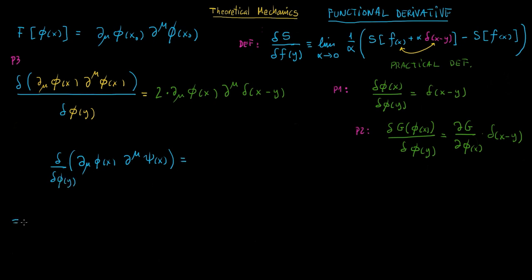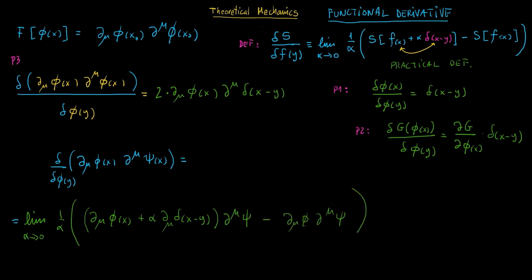This is the limit when alpha goes to 0, 1 over alpha, partial mu phi of x plus alpha delta x minus y, with the derivative, times partial mu of psi, minus this thing.